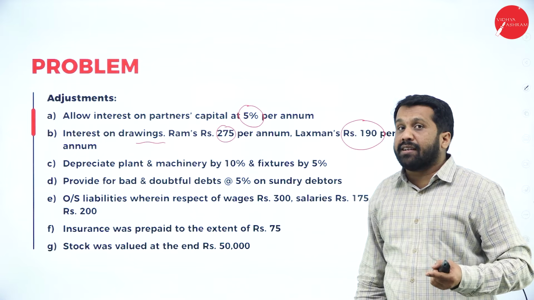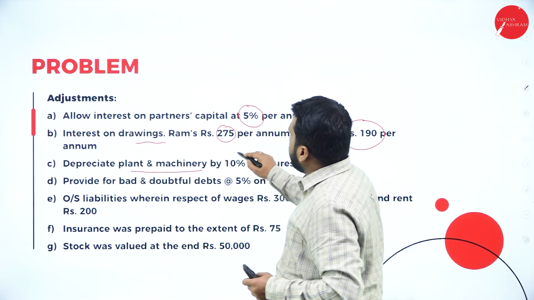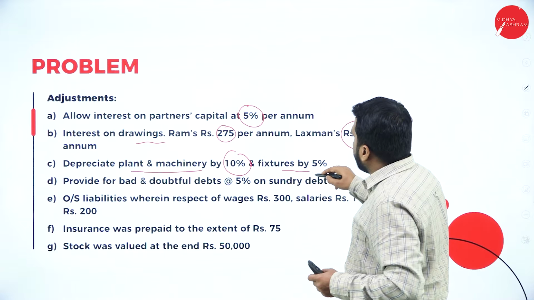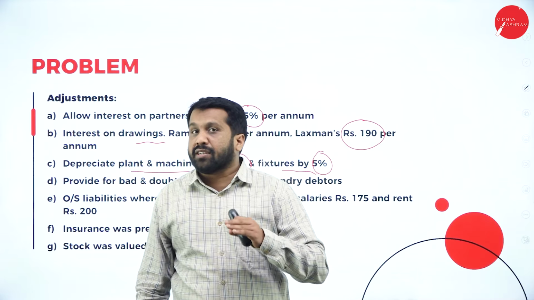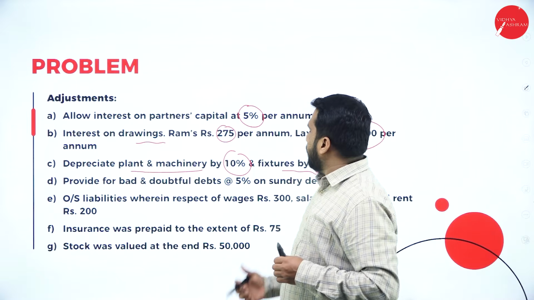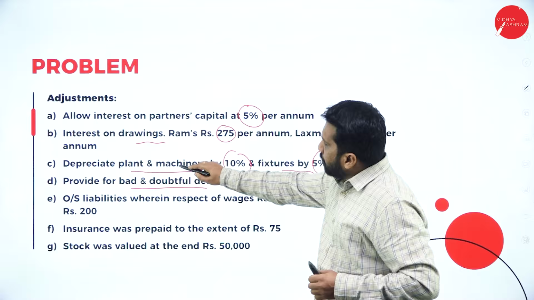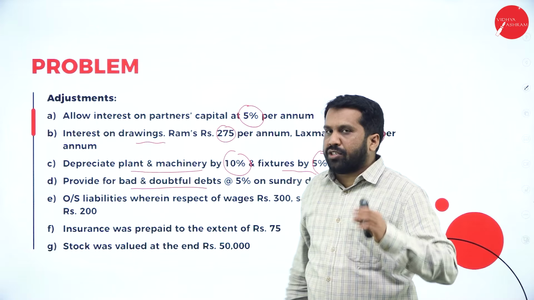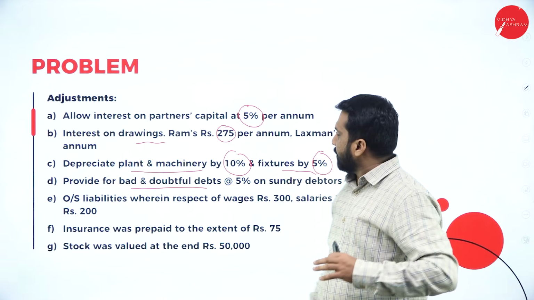They have calculated and given. Next, depreciate plant and machinery by 10% and fixtures by 5%. Your plant and machinery have to be depreciated 10% and fixtures by 5%. Provide for bad debts. Plant and machinery 10% depreciation, take it in the P&L account and minus it in the balance sheet.